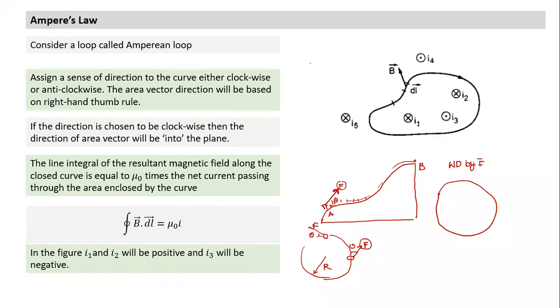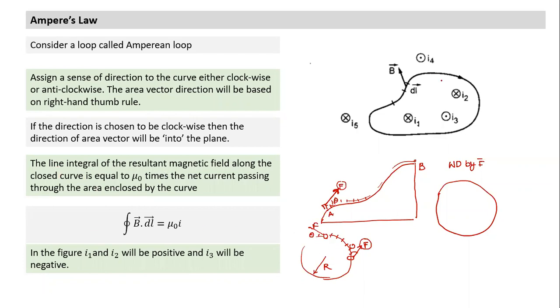Here also we take the work done over a small displacement and add it up. That again is a dot product of force and small displacement. And if the dot product is done over a path which forms a closed loop, it becomes a line integral over a closed curve.